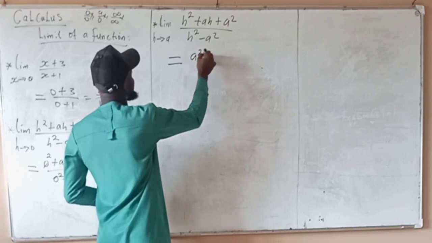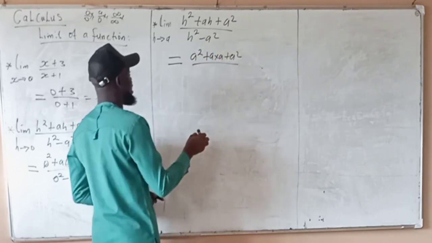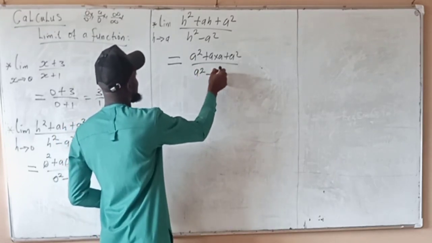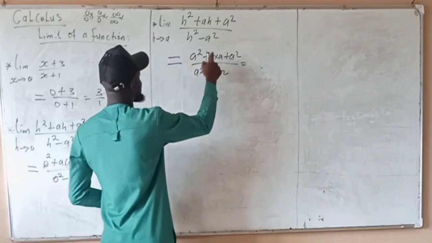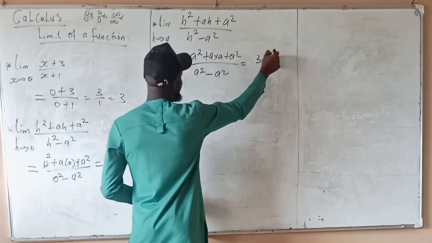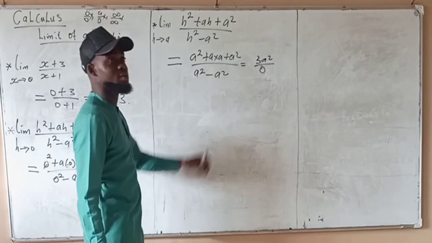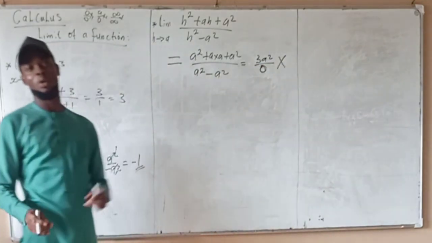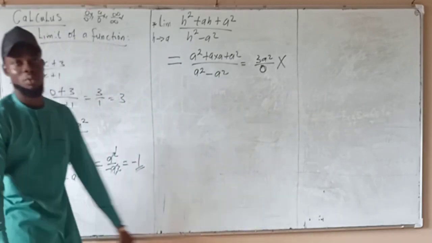You have a squared plus a times a plus a squared, all over a squared minus a squared. That is 3a squared over 0, since a squared minus a squared is 0. Since the denominator is 0, this method will not work.